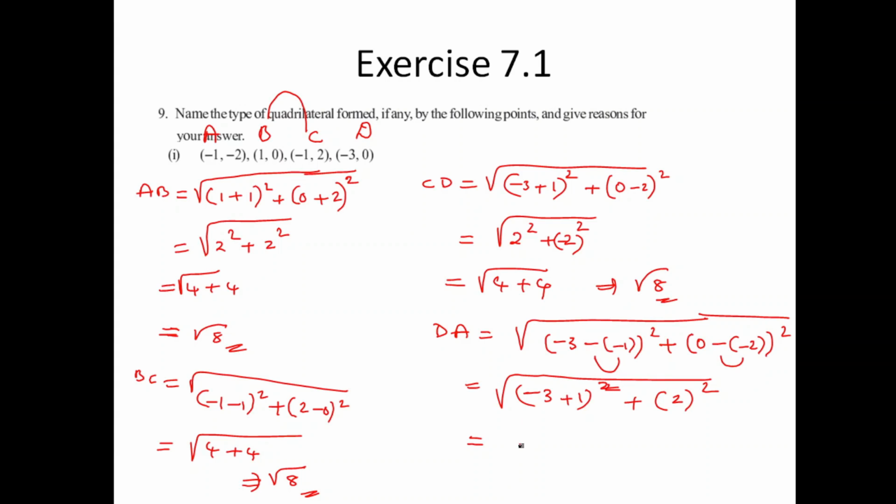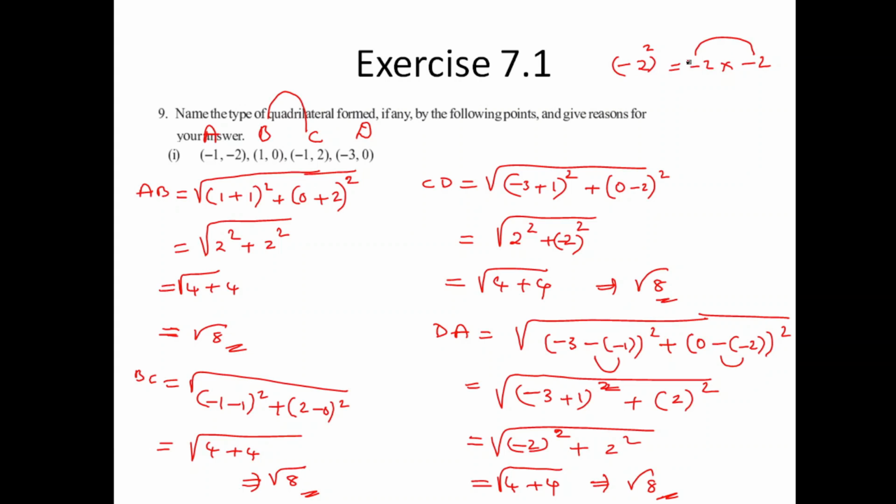Now when I solve this, I'm getting minus 2 square plus 2 square. So this is 4 plus 4 again, so this equals root 8. Whenever we have minus 2 square, that means minus 2 into minus 2. Minus into minus is plus. So that's the reason we have plus 4 as the resultant.